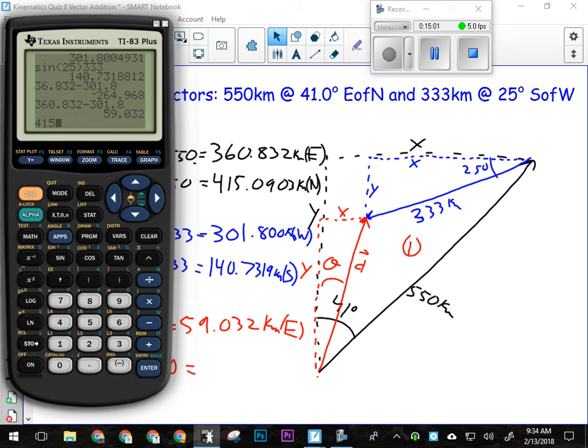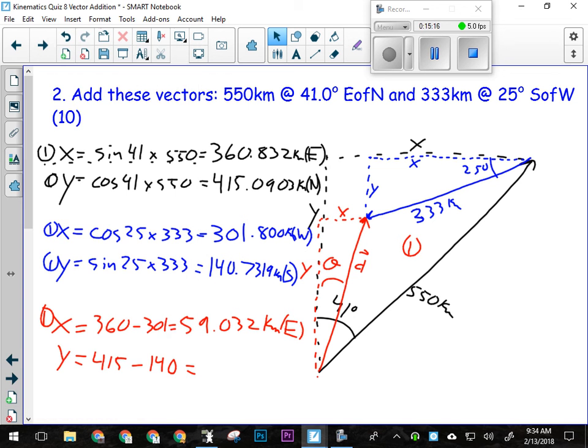So 415.0903 minus 140.7319 is 274.3584 kilometers, and that is north. 1 mark for that. So we're up to, what now? 7? Yeah.